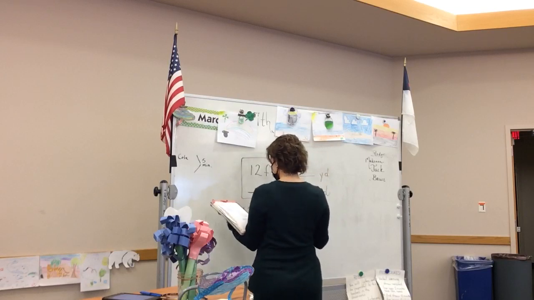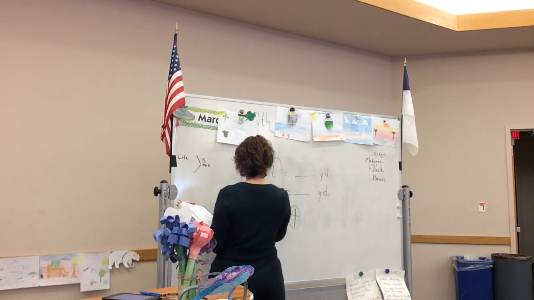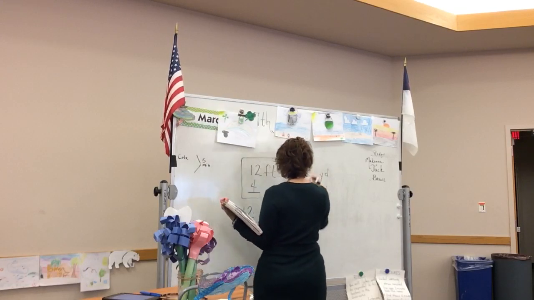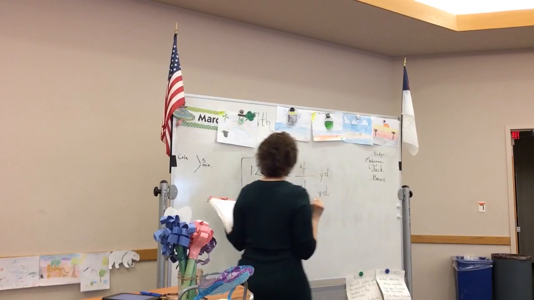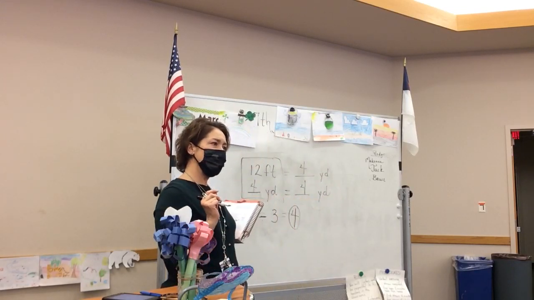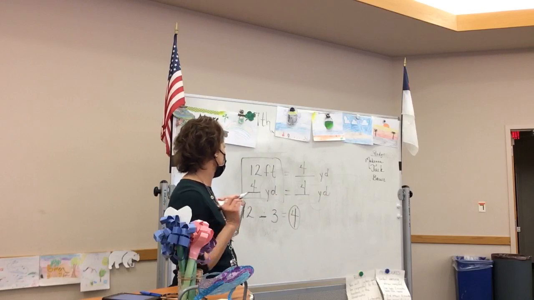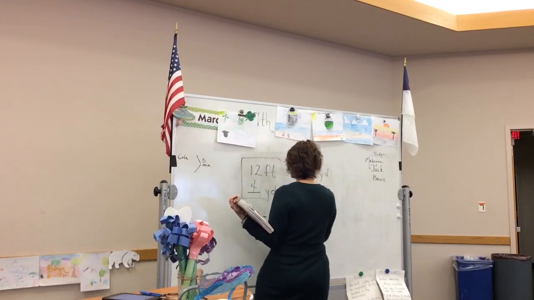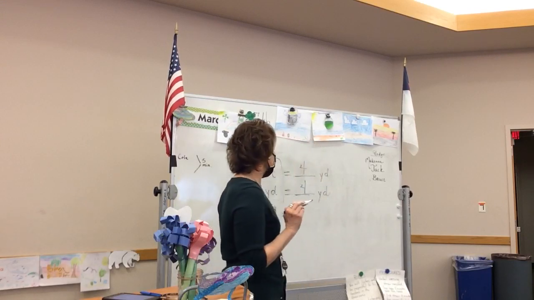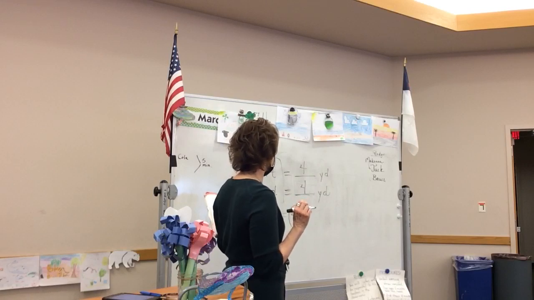So that is our magical number. And then you put it into your equation as well. This is called measurement equations, simple measurement equations. This is our little equation, equal sign.